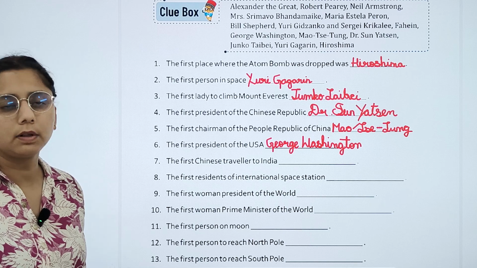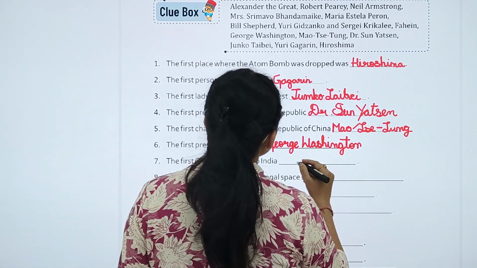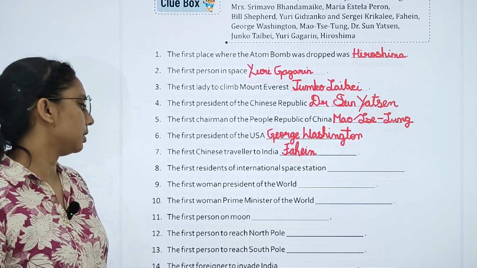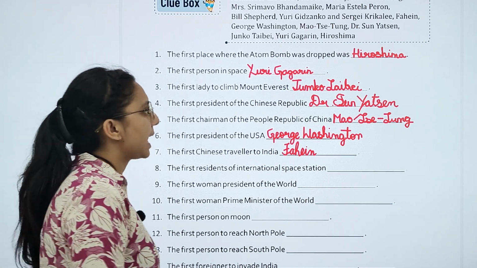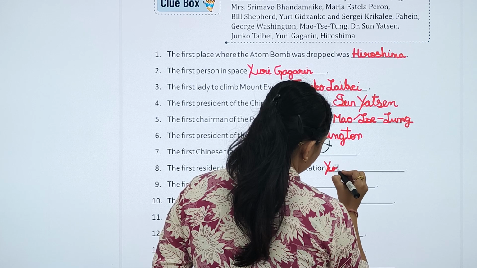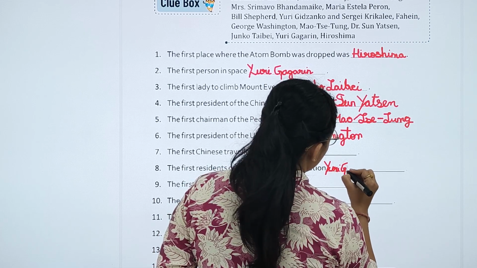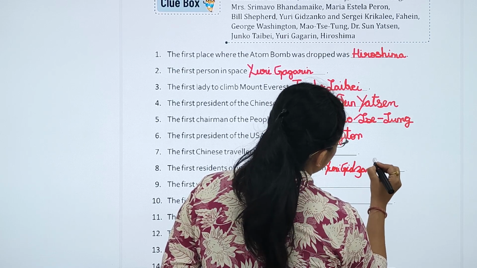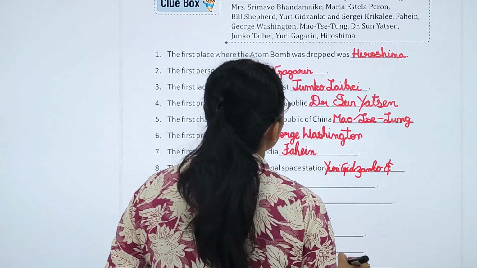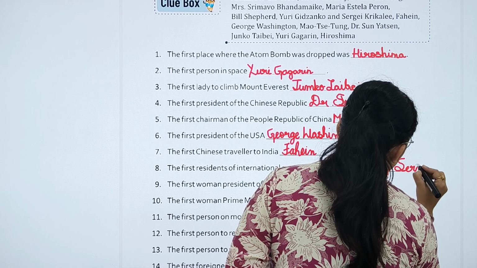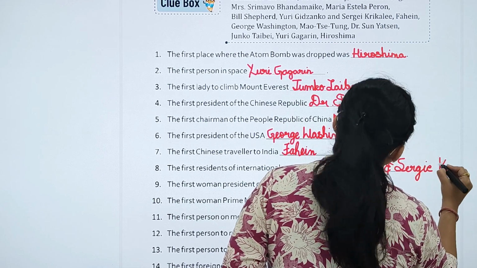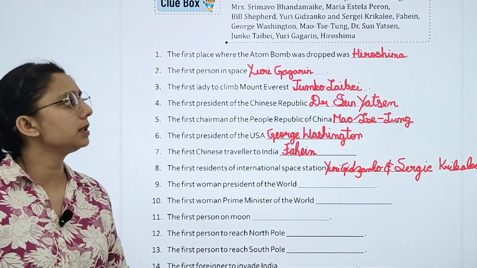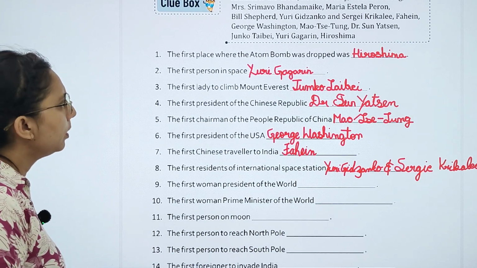The first Chinese traveler who traveled to India, that is Fa Xian. First resident of International Space Station, that is Yuri Gidzenko and Sergei. Next is the first woman president of the world. The first woman, that is Sirimavo Bandaranaike.